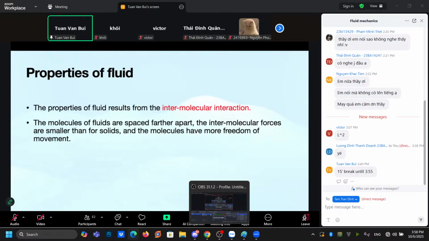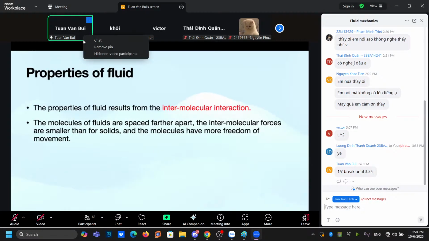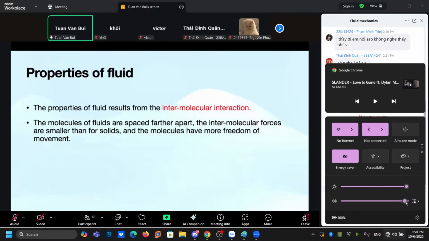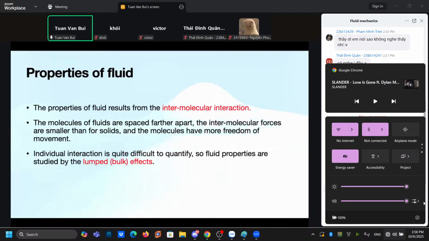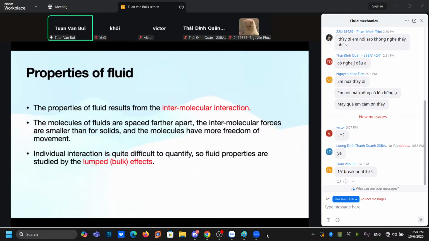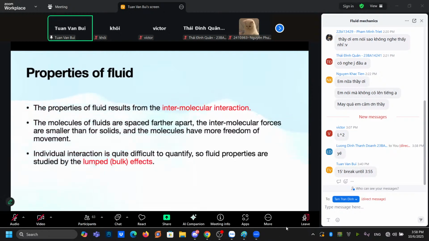Molecules in fluid are spaced farther apart. The intermolecular forces are smaller than for the solid, and the molecules have more freedom. And the individual interaction is quite difficult to quantify. So fluid properties are studied by the Loop effect or the Coulomb effect.